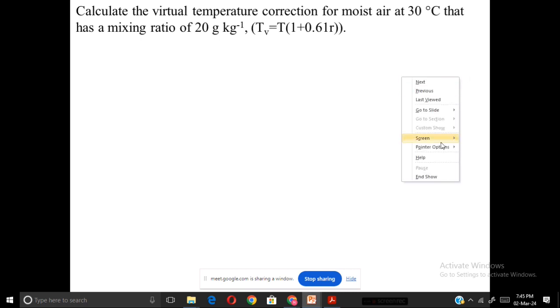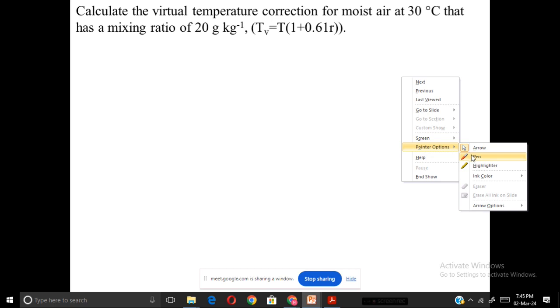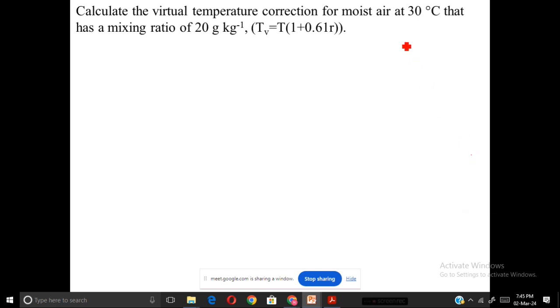So suppose there is a dry air parcel of temperature T and density rho d. There is a moist air parcel at temperature T and density rho m. We want the density of the dry air parcel to be equal to the density of the moist air parcel.